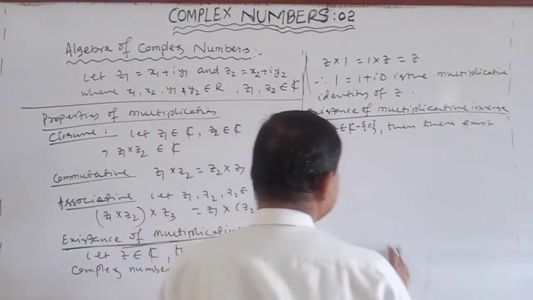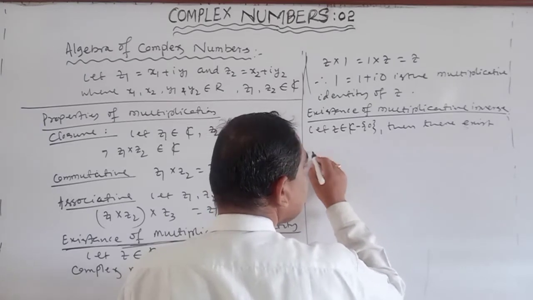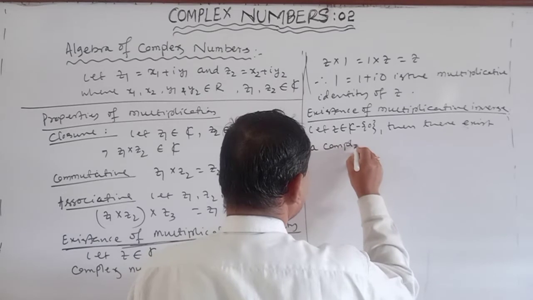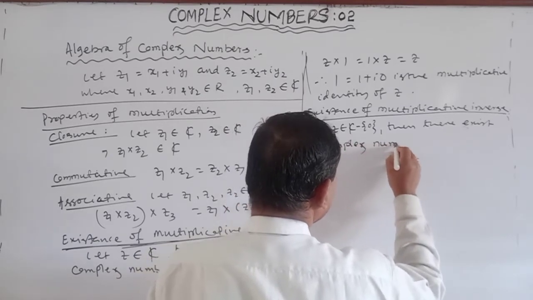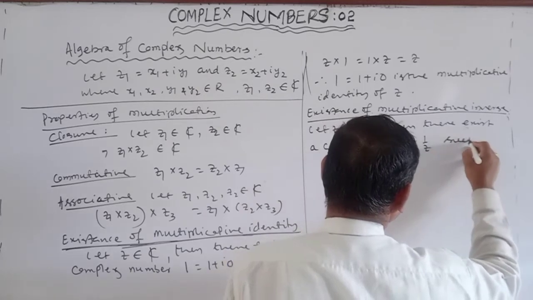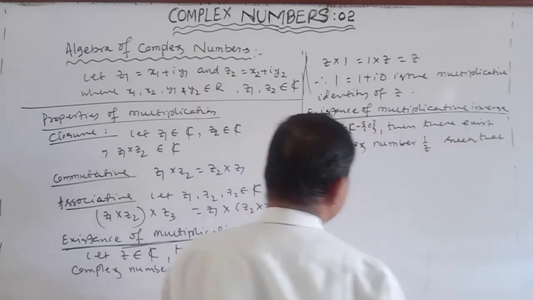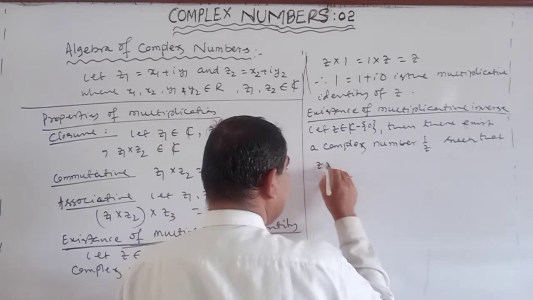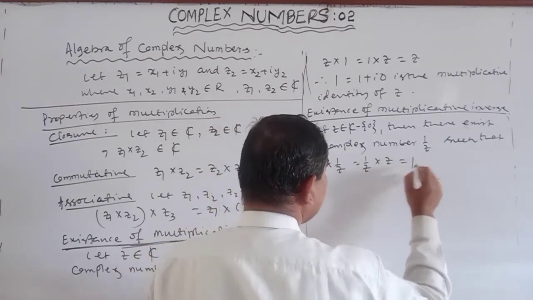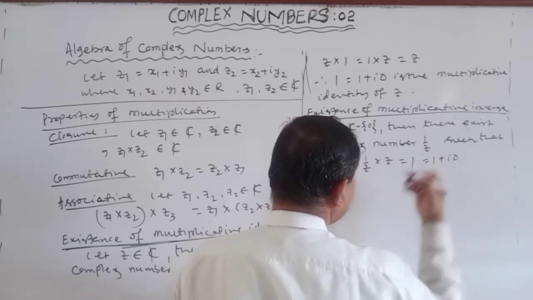Then there exists a complex number 1 by Z such that Z into 1 by Z is equal to 1 by Z into Z is equal to 1, that is 1 plus i into 0.